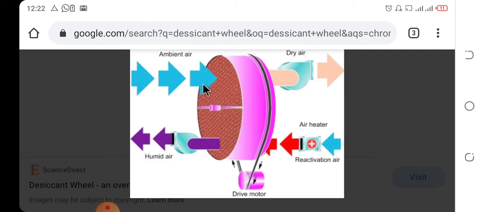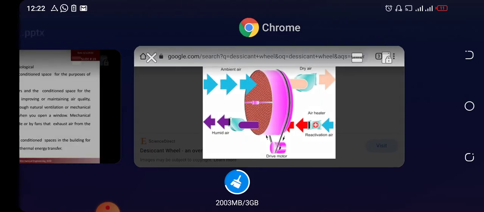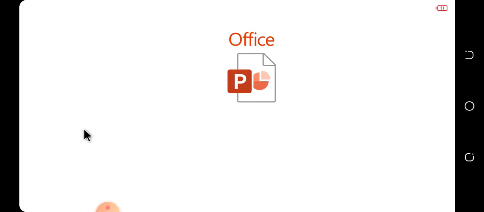So it is continuously absorbing the ambient air humidity and continuously regenerating by evaporating the water molecules to the outside atmospheric air. From these two processes we get a dehumidifying effect.